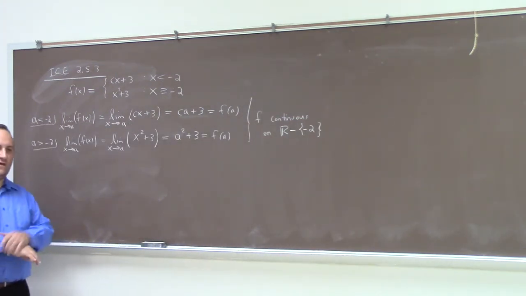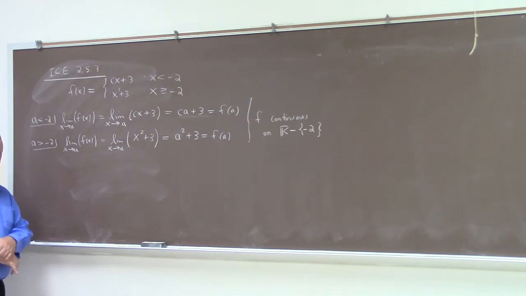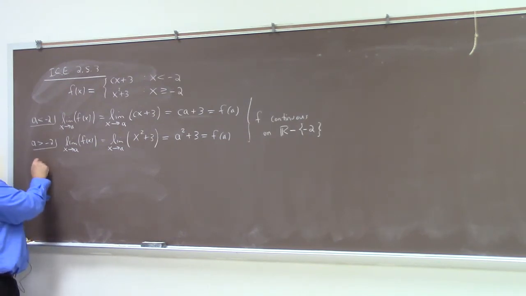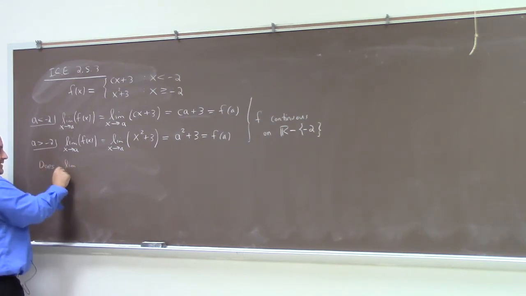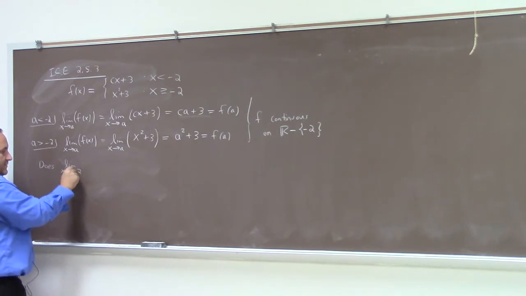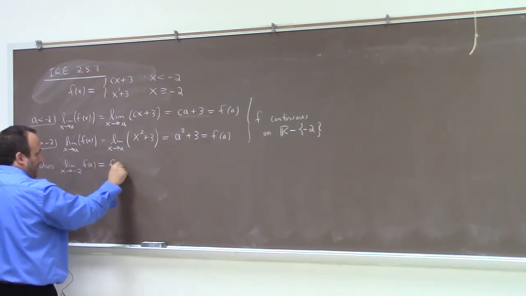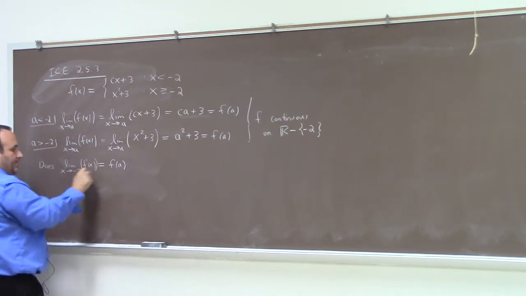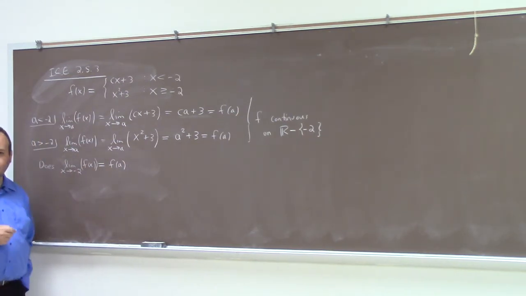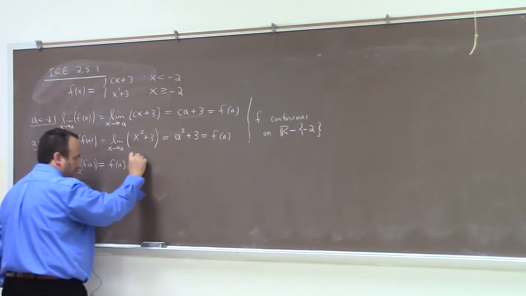It remains to check the continuity of the function at minus 2. What do we need for the limit? So the question is, does the limit as x goes to minus 2 of f of x equal f of a? That's the question.